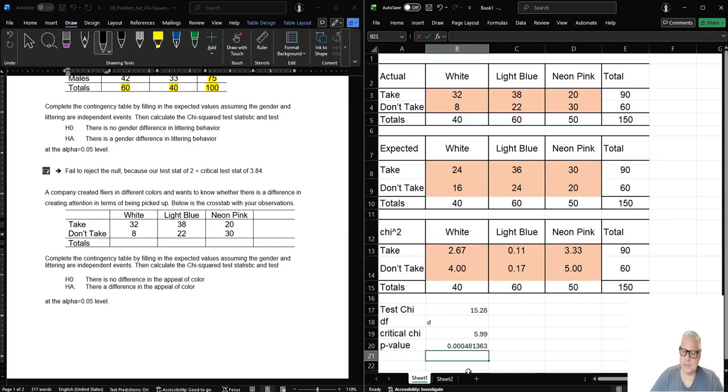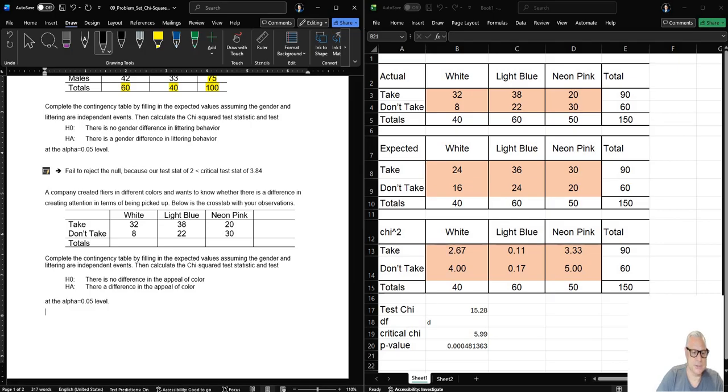So now we should get something which is very, very small, 0.0004. So it seems that the probability that we made a type 1 error is really very, very small. Well, so I hope the intuition is clear.